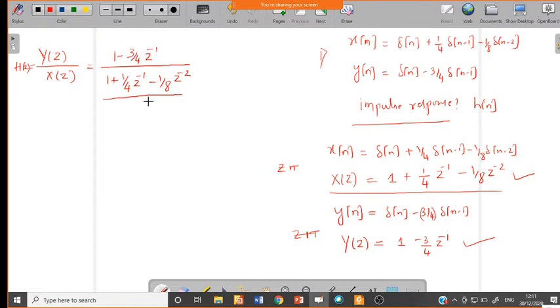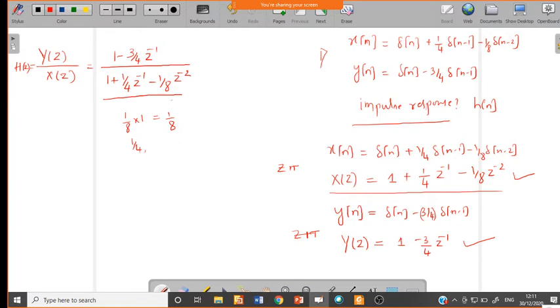Now first find out the roots of this equation. So what are the roots? You can have 1 by 8 and 1. If you want the product to be 1 by 8 and the sum to be plus 1 by 4, you can choose the roots.